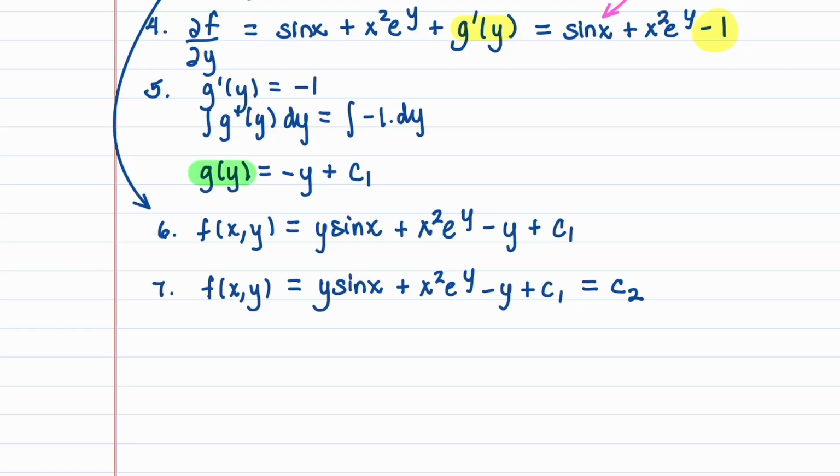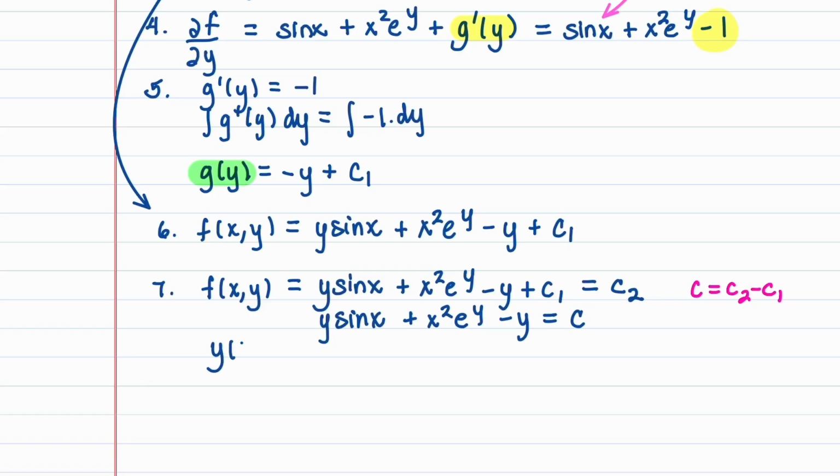Let's now combine these constants. Let's let c be c2 minus c1, and we can rewrite this as y sine x plus x squared e to the y minus y is equal to c. In this problem, we have an initial value problem.